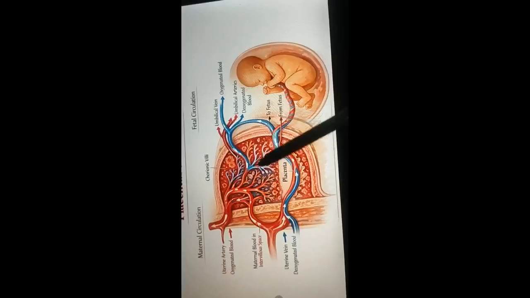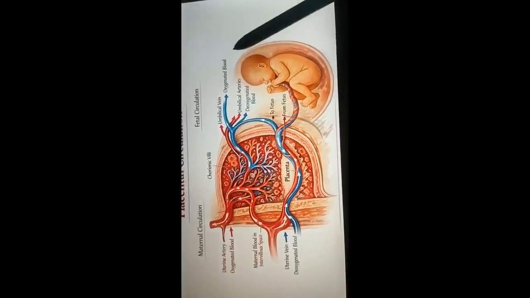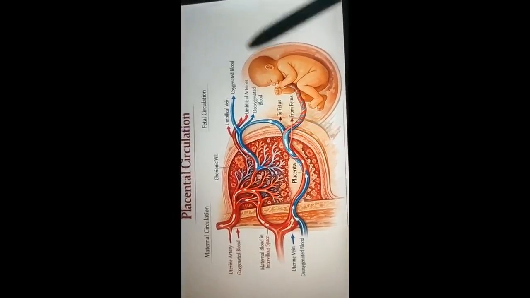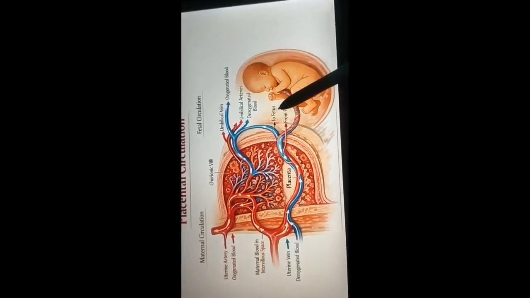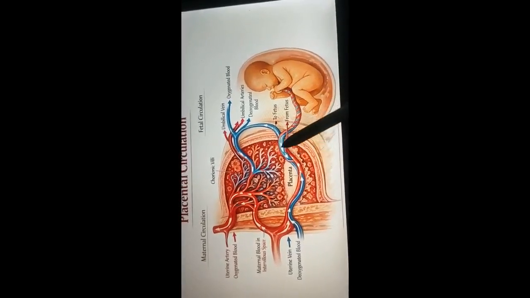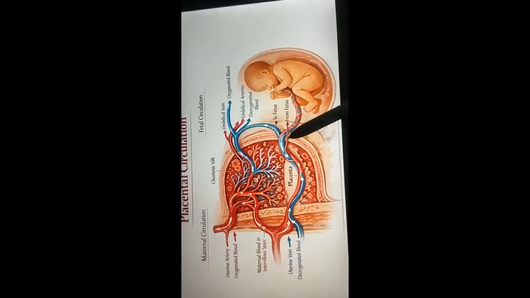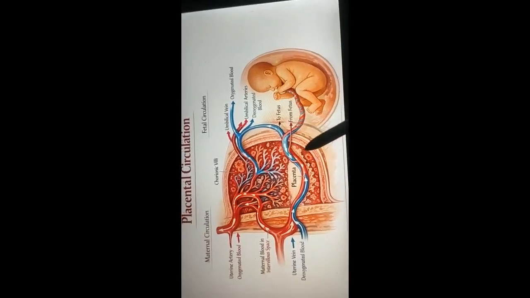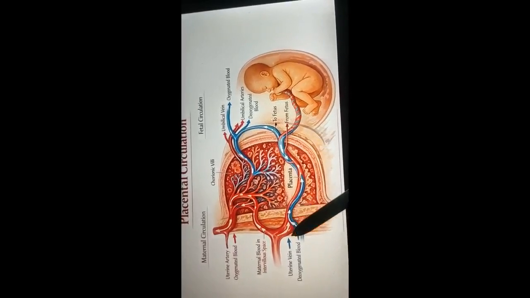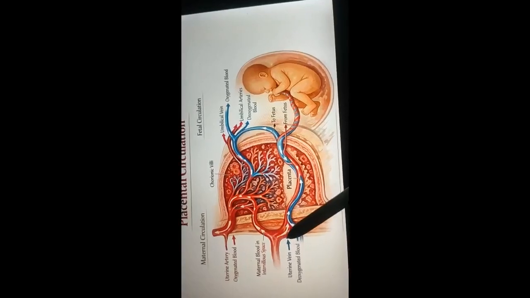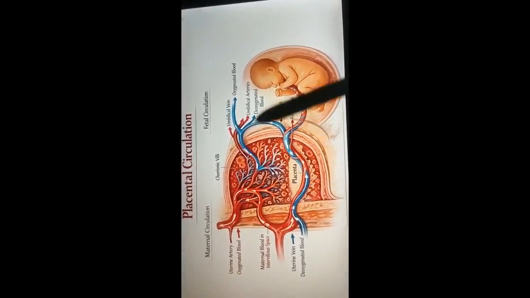From this intervillous space, the blood is diffused into the chorionic villi and comes to the fetus by the umbilical vein. Then from the fetus, deoxygenated blood goes to the placenta, and from the placenta it is taken by the uterine vein into the maternal blood. In this way the blood circulates.